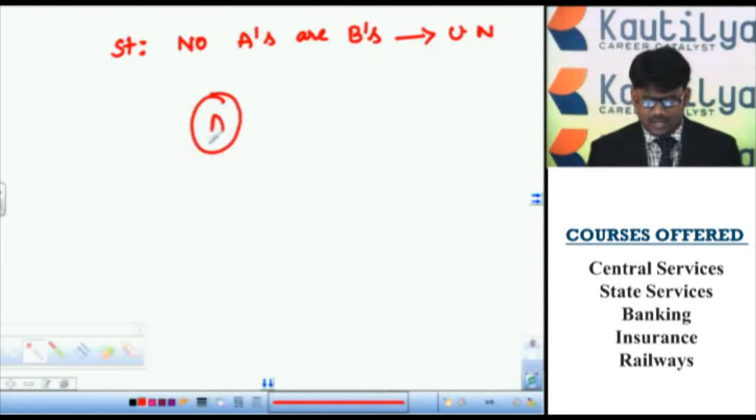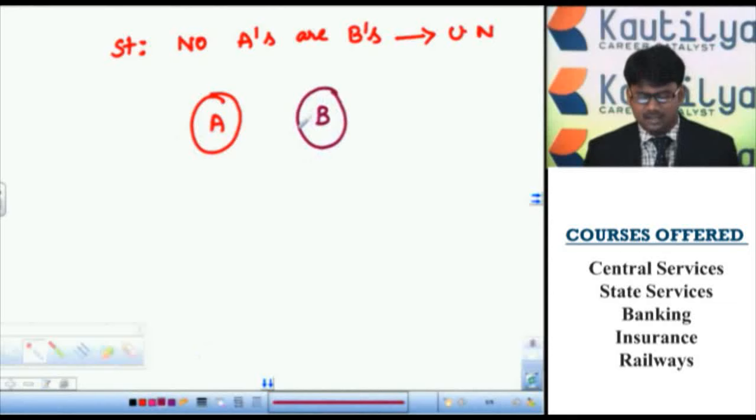No A belongs to B. Both are separated. No A's are B's, and we represent it in this diagram. From this, we have to check the all conclusion, some conclusion and some not conclusion.